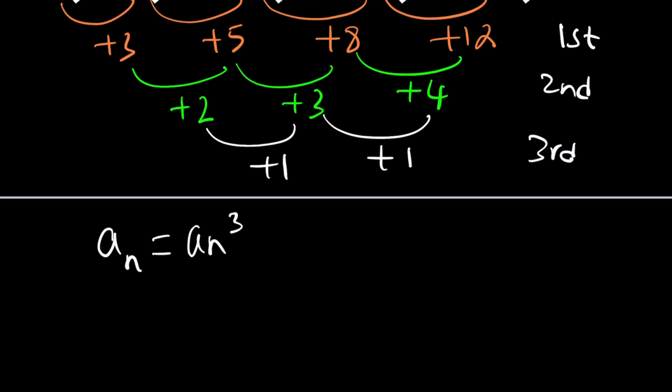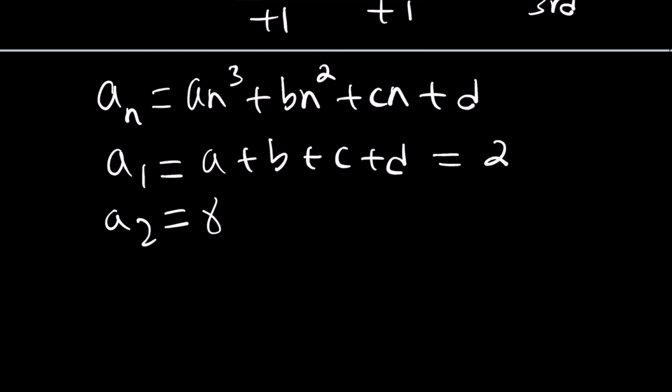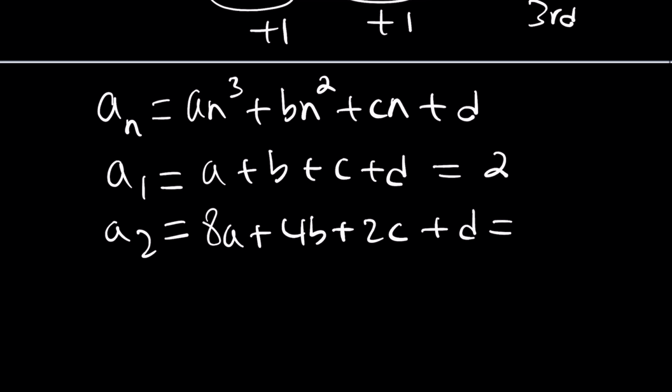a n cubed plus b n squared plus c n plus d. And then we're going to plug in all these numbers, okay? For example, n equals 1, a_1 equals a plus b plus c plus d, and we know that a_1 is 2. If you replace n with 2, you're going to get 8a plus 4b plus 2c plus d, and that is going to equal 5, as you know.